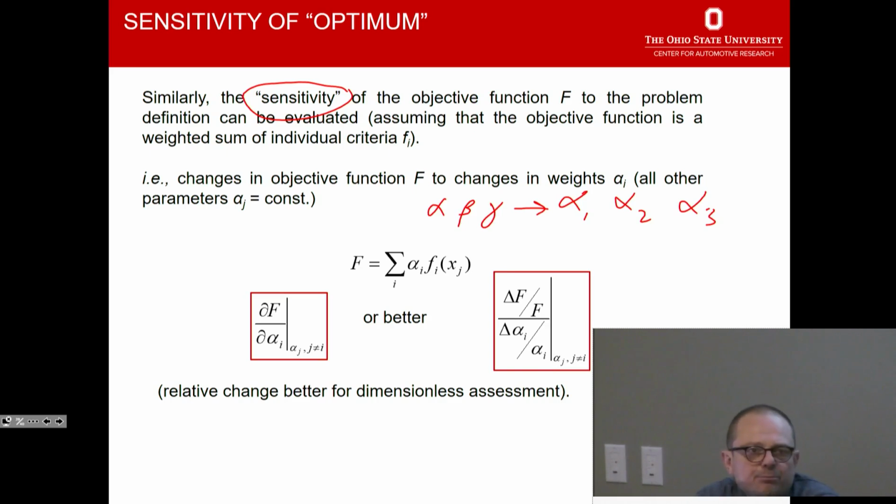Is it possible that as I move the weight alpha 1 to alpha 1 plus epsilon, with epsilon small, my solution blows up and goes to a completely different place? That would be super high sensitivity. I would have to rethink the formulation of my problem if that were the case.